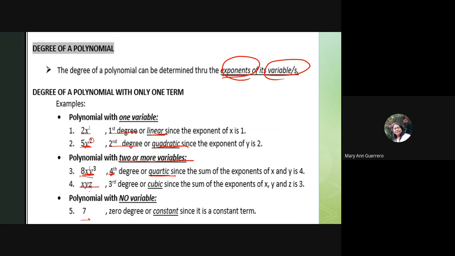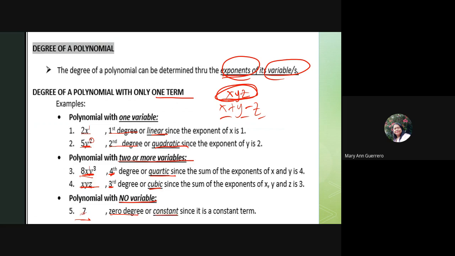Remember, yung xyz, wala namang separator yan na plus or minus. So, ito, 3 terms yan. Ito ay 1 term lang. Okay, so pagka ganyan, monomial pa rin yan. 1 term yan. Okay? So, pagka ganito, you just add the exponents. So, third degree, which is called cubic. Pagka naman no variable yung ating polynomial, 0 degree yan, which is called constant.